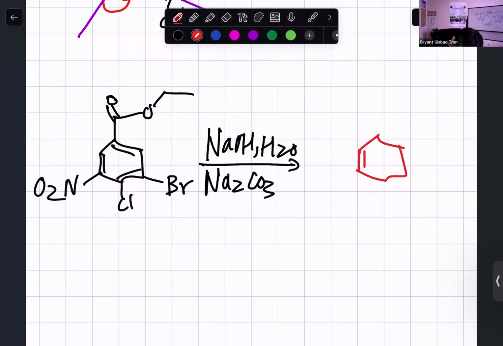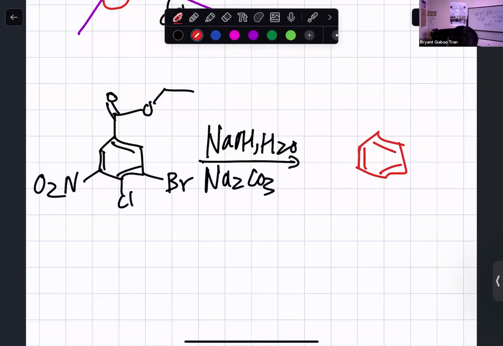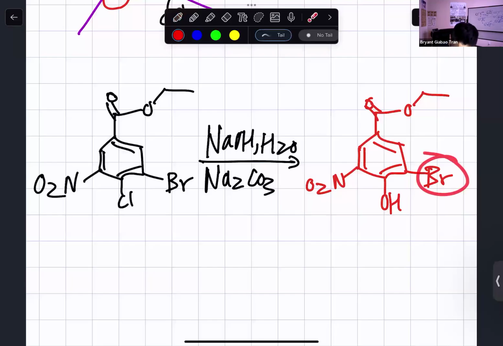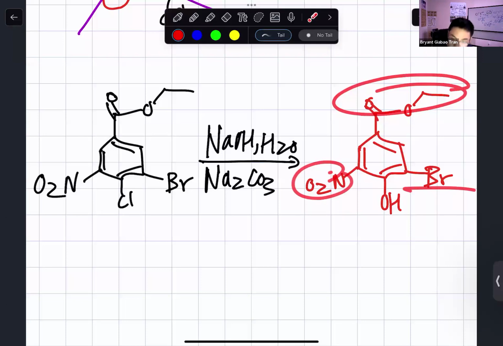It would be the chlorine because chlorine is the good leaving group that has strong EWGs, ortho and para to it. So we're gonna substitute the chlorine with the nucleophile OH, and bromine would not have any reaction because the strong EWGs are meta to the bromine.